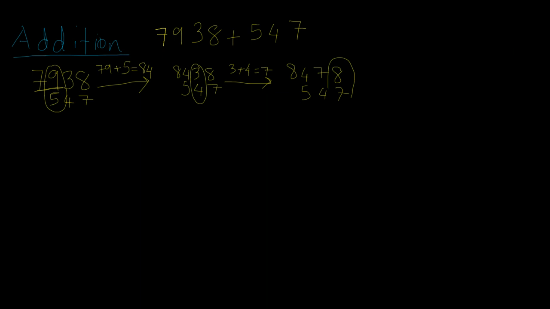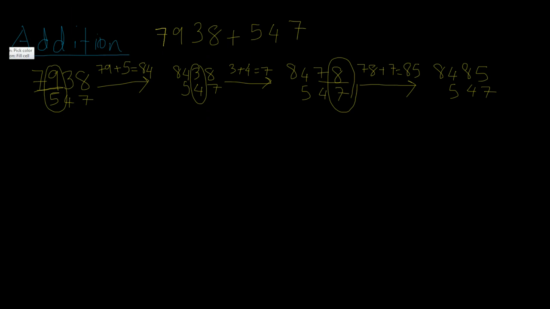Finally we add 8 and 7, or you can consider adding 7 to 78, and the result is of course 85. So we get 8, 4, then 85, and 547 in the bottom.